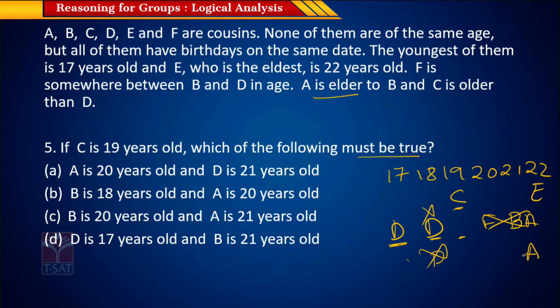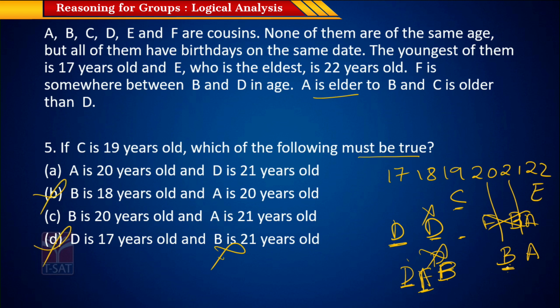So when D is 17, we need A always to the right of B. So let's say A is here, B is here, then F will be here. So B has to be 20. So this is also not the right answer. If B is 18, it is definitely not possible, because if D has to be 17 and B is 18, then F cannot come in between D and B. So this is also not a possibility.